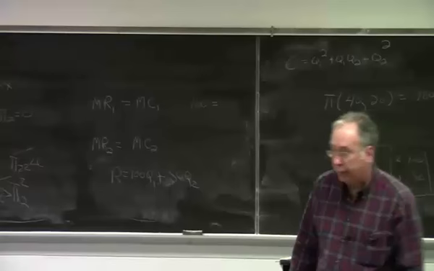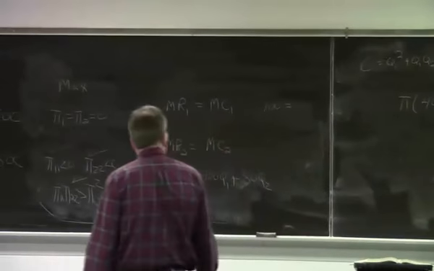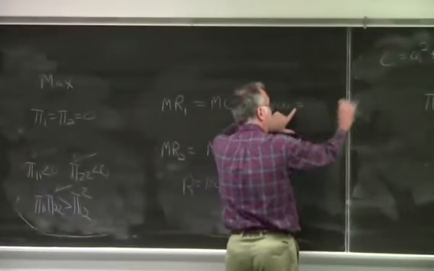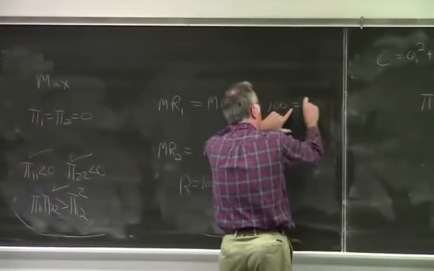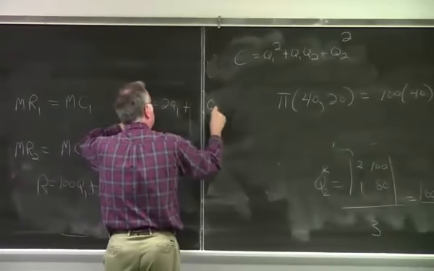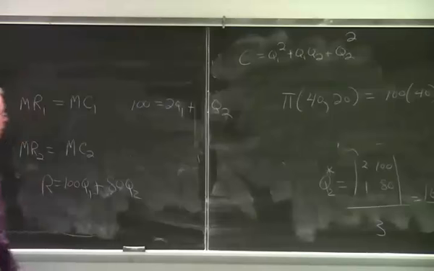It's a partial derivative, partial C, partial Q1. And partial C, partial Q1, looking at the cost function up here, is just 2Q1 plus Q2. Notice this is a linear equation in Q1 and Q2.